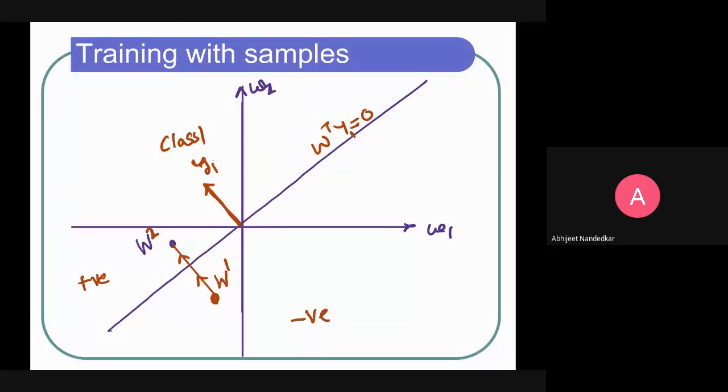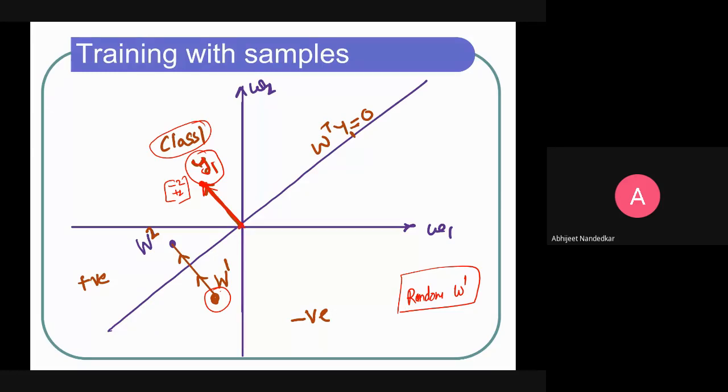Suppose I have the first training sample y1 which belongs to class 1, and I randomly assume w1 as my initial weight, say lying here. If my input is y1, I just plot this vector y1. Say this is some number, maybe -2 and +2. If y1 given to you is -2, +2, I just plot that point and join it with the origin.